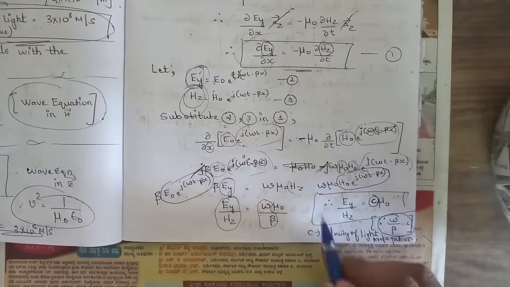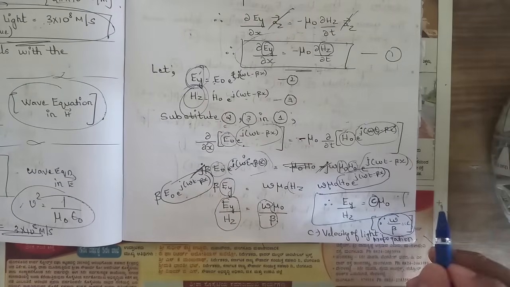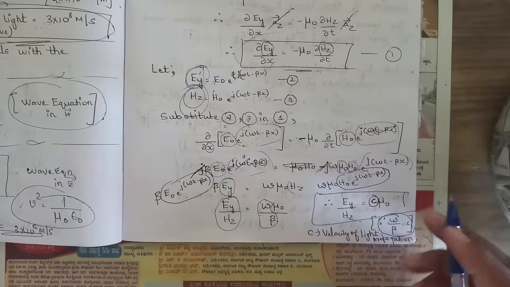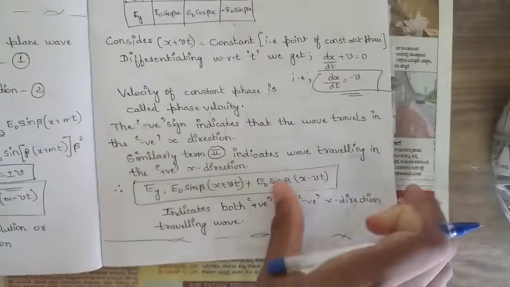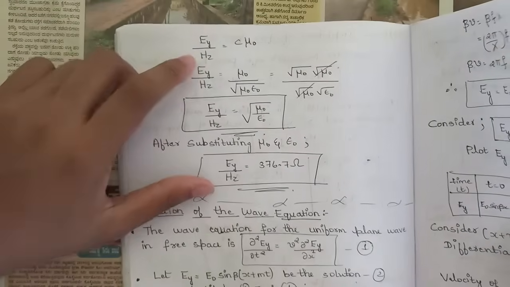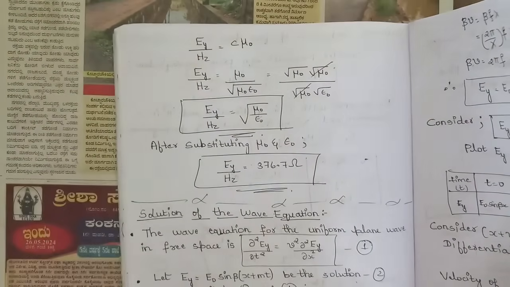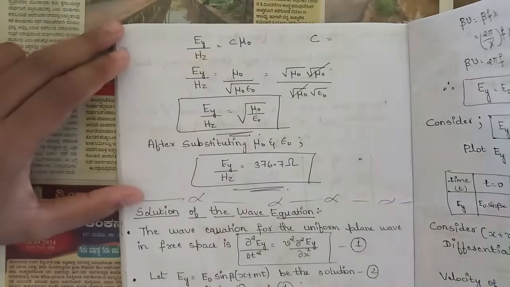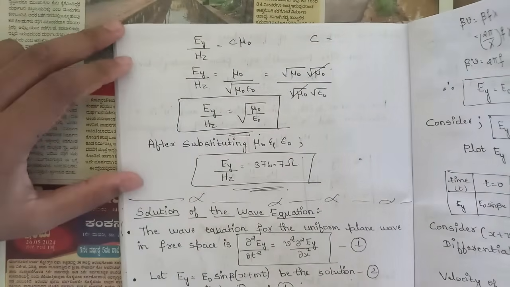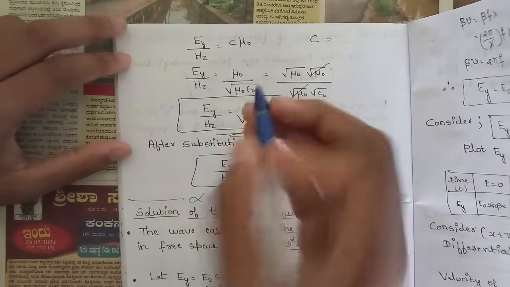If you want you can stop it here only, but if you want to find the fixed value, okay, what we can do is we can further derive this equation. What we have got is Ey by Hz is equal to c into mu naught. So now this c is the velocity of propagation of light, right, but in free space.